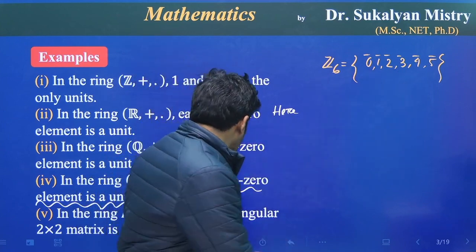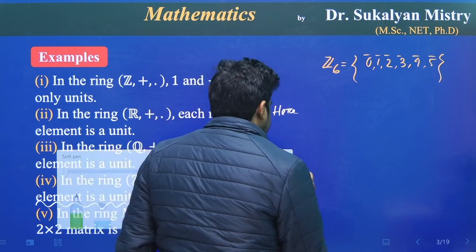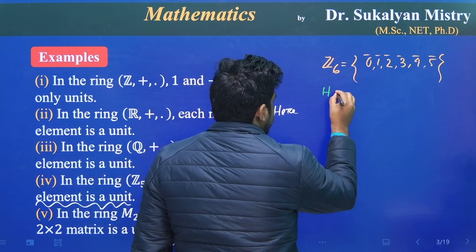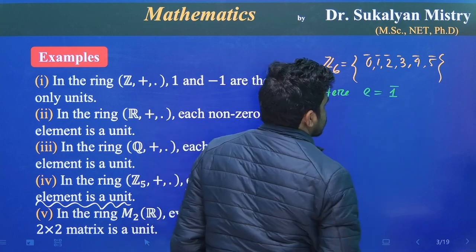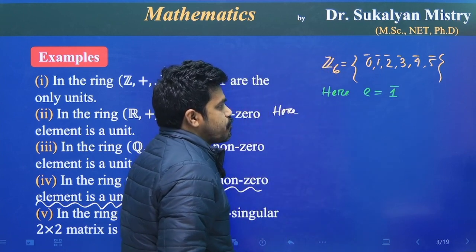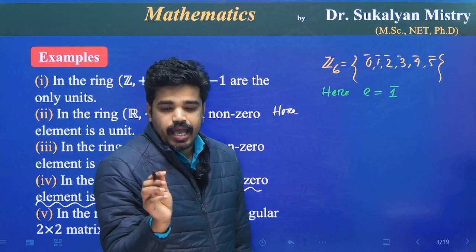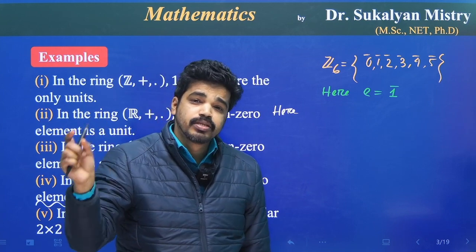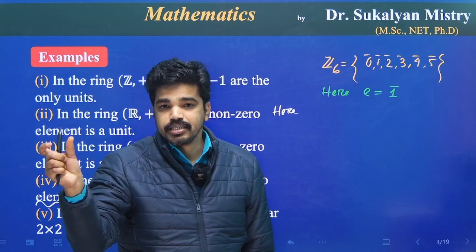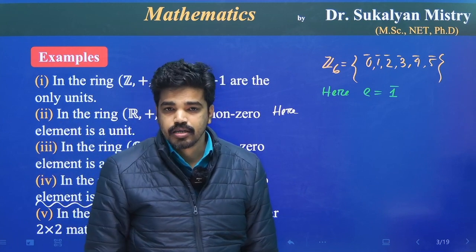So first of all, what is the identity element? Here the identity element e is 1 bar. An element A is said to be a unit element if there exists an element B such that A dot B is equal to the identity element, that is A dot B is equal to 1, or A dot B is equal to i.